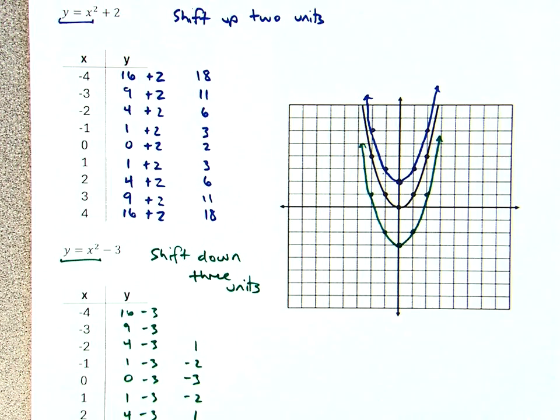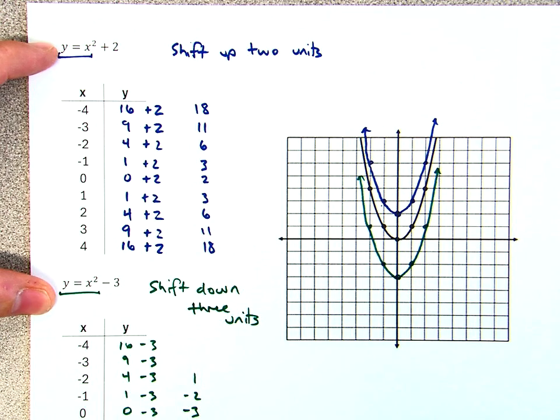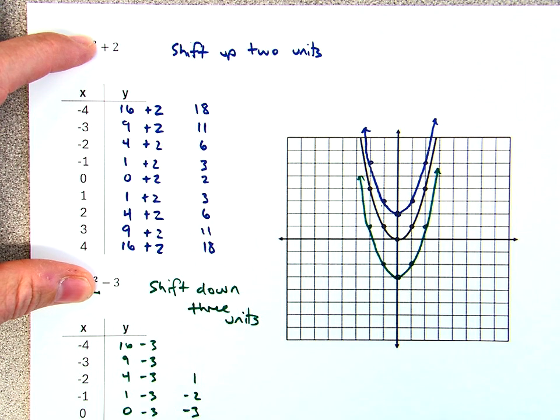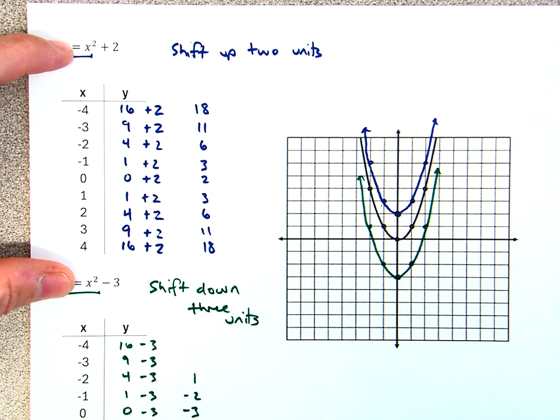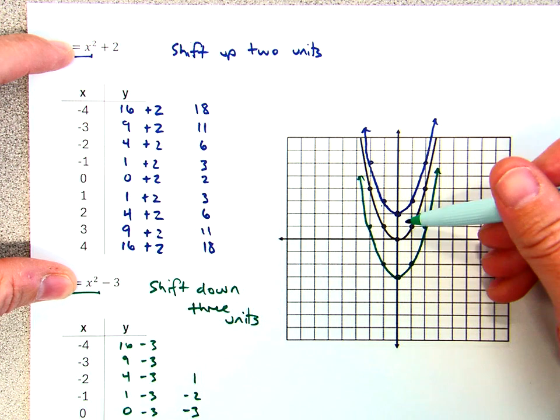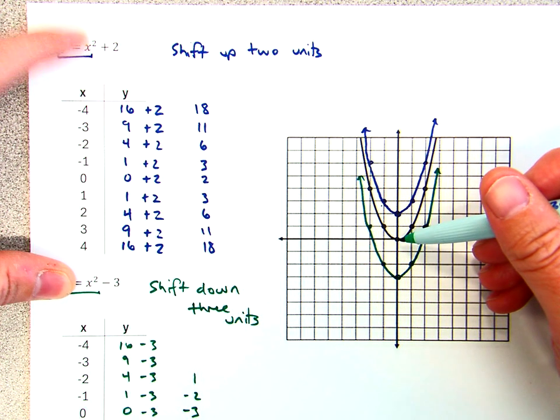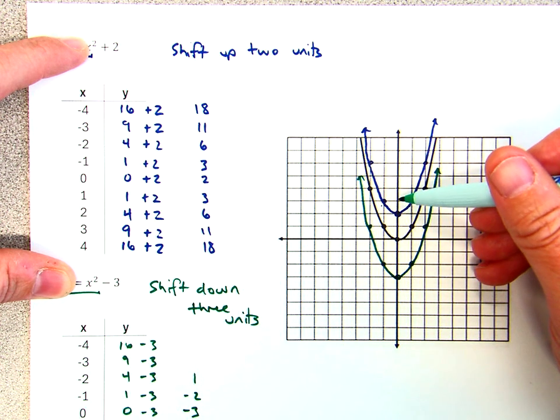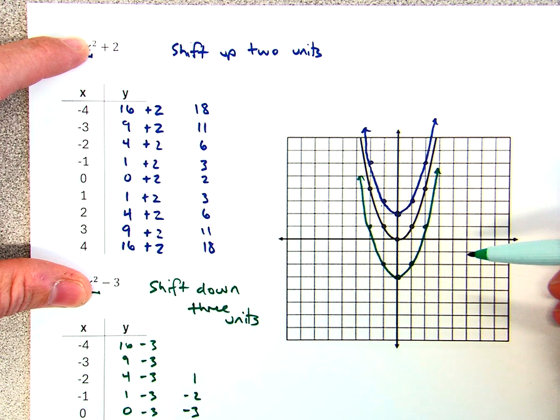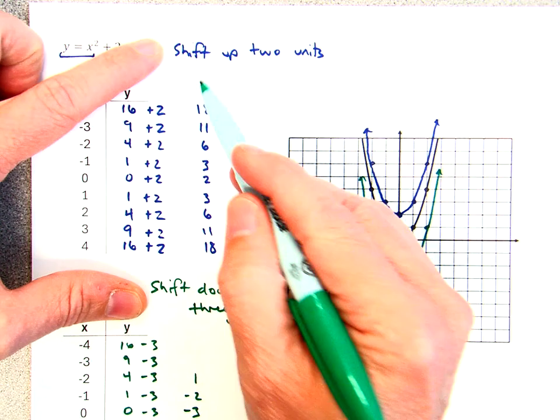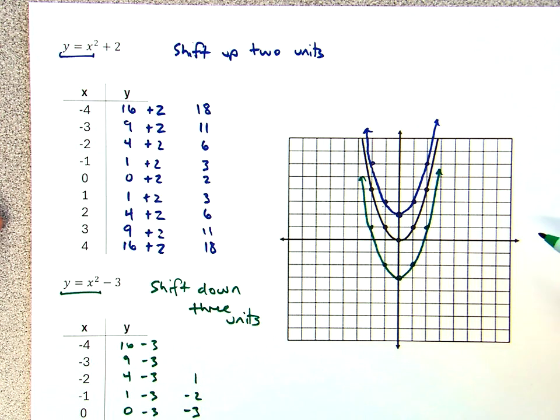So if I took the original function and add a value or subtract a value to the y's, each y value will either increase by 2, moving it up, or decrease by 3, moving it down, but not changing the shape, right? Because this will be important later as we move through it.